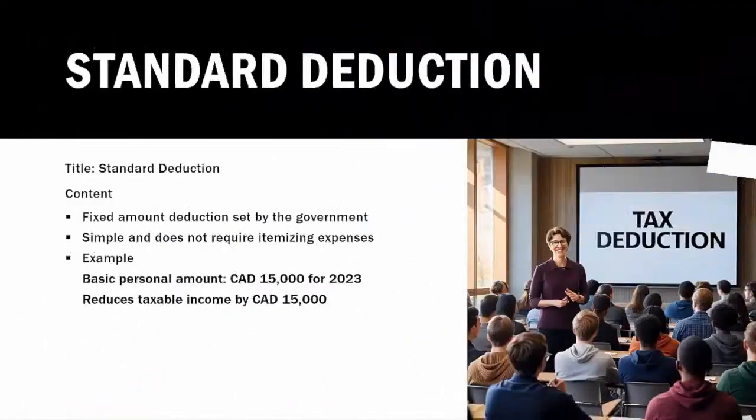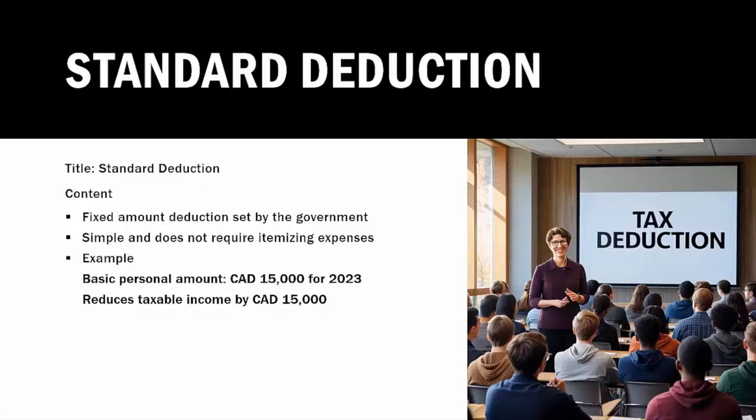1. Standard deduction. The standard deduction is a fixed amount set by the government that taxpayers can deduct from their gross income. This deduction is straightforward and does not require taxpayers to itemize their specific expenses. It serves as a baseline deduction that reduces taxable income. Example: in Canada, there isn't a traditional standard deduction as seen in some other countries, like the United States.